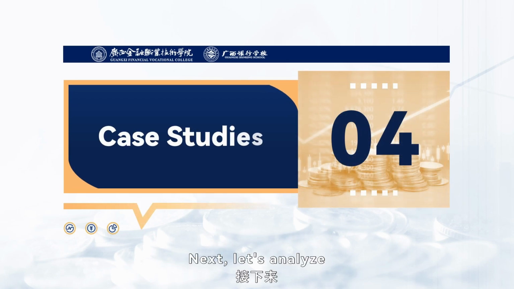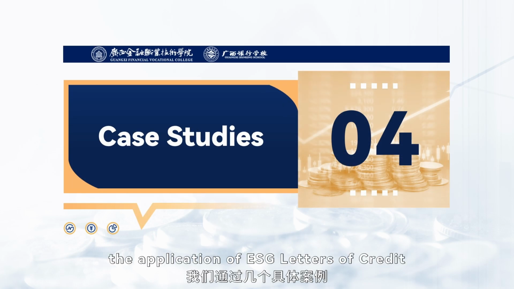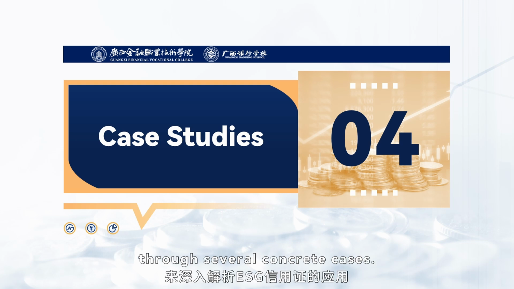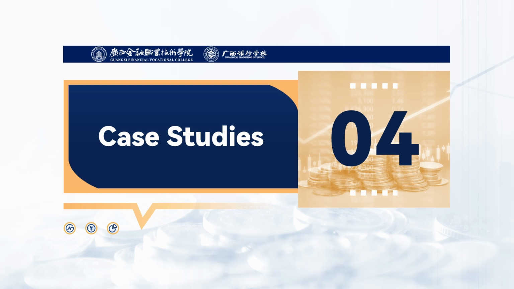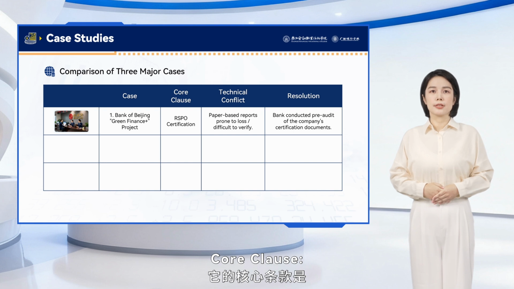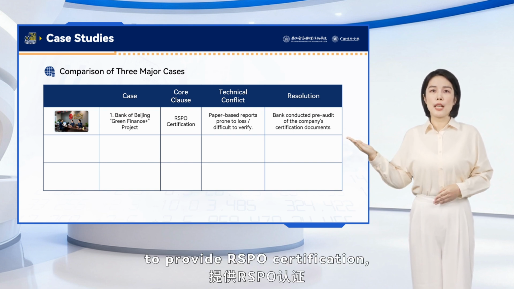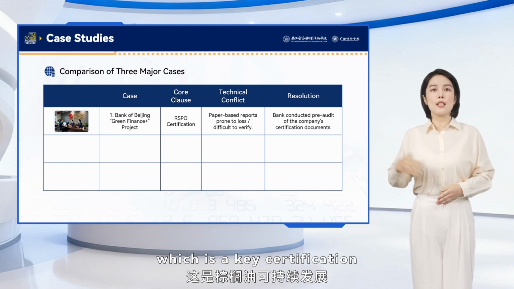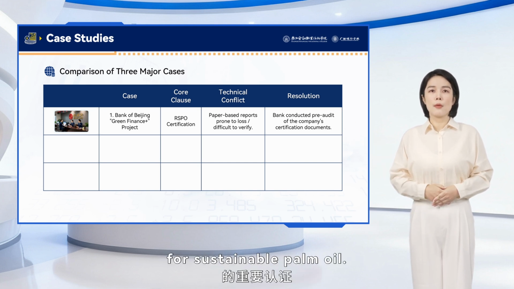Next, let's analyze the application of ESG letters of credit through several concrete cases. Case 1. Bank of Beijing Green Finance Plus Project. Core clause: Companies are required to provide RSPO certification, which is a key certification for sustainable palm oil.